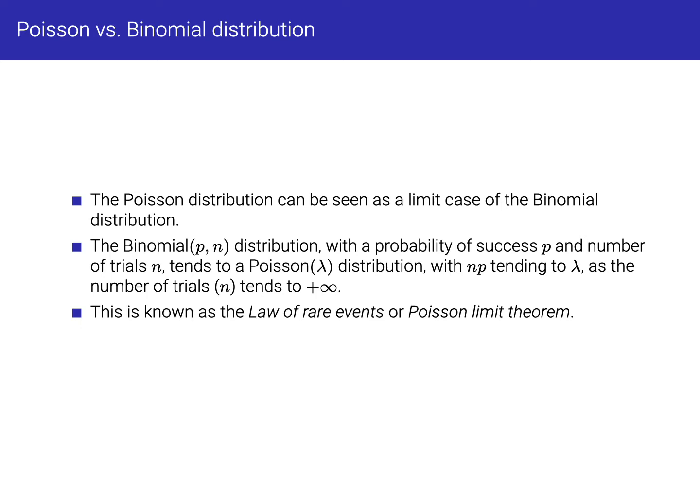So the Poisson distribution can be seen also as a limit case of the binomial distribution. And so if we think of the binomial distribution, again, it gives us the count of events, an expected count of events, given the probability of the event to occur and given the number of trials, P for the probability and N for the trials.